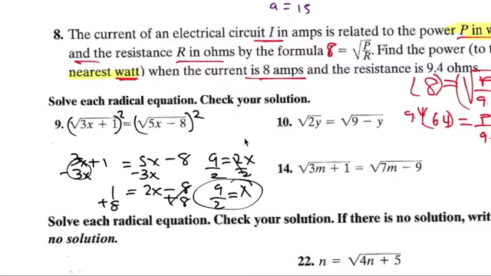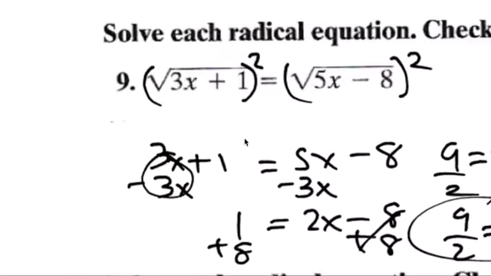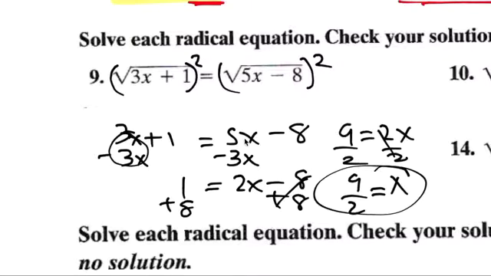Okay. Check. Let's see, check my answer. Okay, check it. So let's check this. This is 4.5, 9 over 2, which is the square root of 3 times 9 over 2 plus 1.